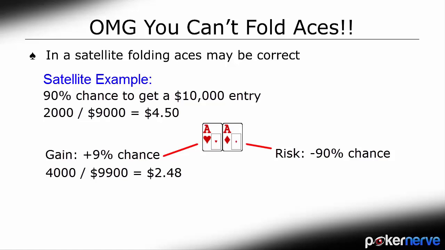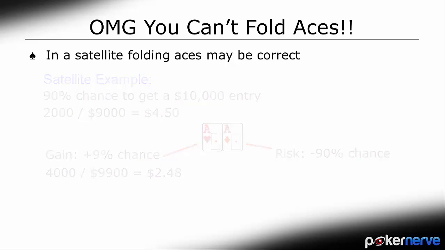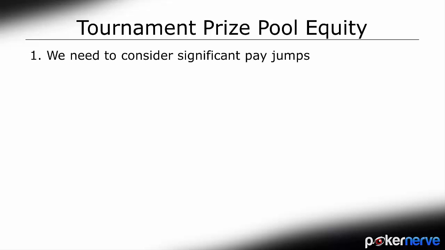And although this is, of course, a somewhat extreme example, the same, albeit usually to a lesser extent, but still key, occurs in tournaments in general, especially even where there's multiple places that are paid, as is the case with MTTs.